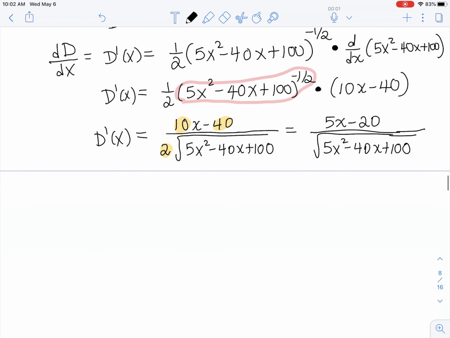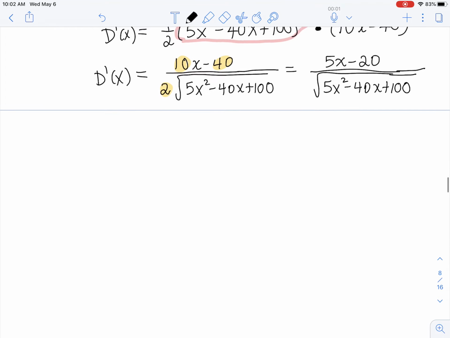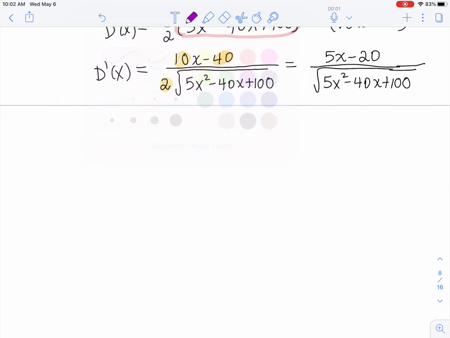Now, sometimes when you're on a long journey, you forget where you're going with this. But remember, we're trying to minimize this distance, and we're really trying to find what? Relative minimum, right? Relative minimum. And we get a relative minimum at the critical value. So what we're going to do is find critical values using this.